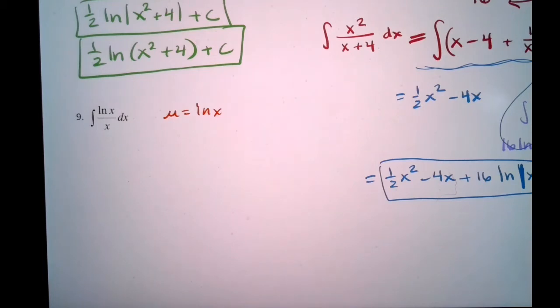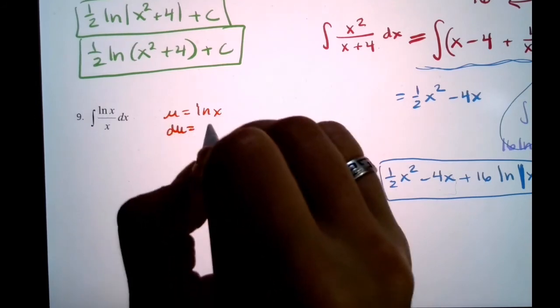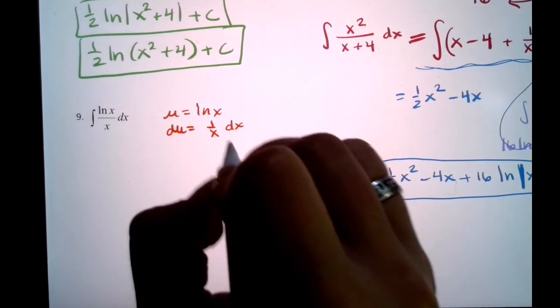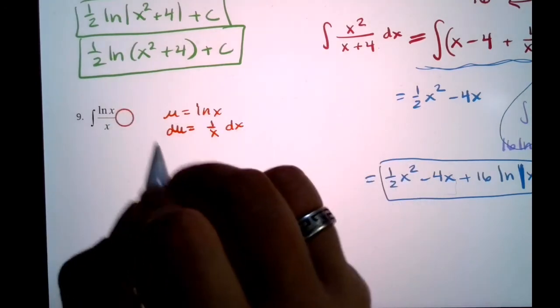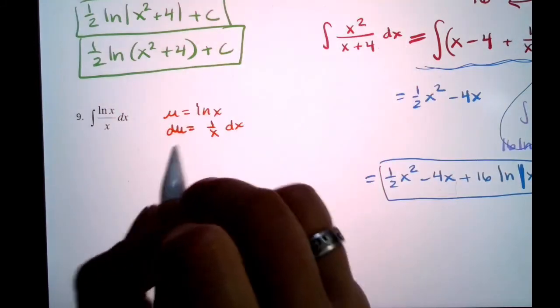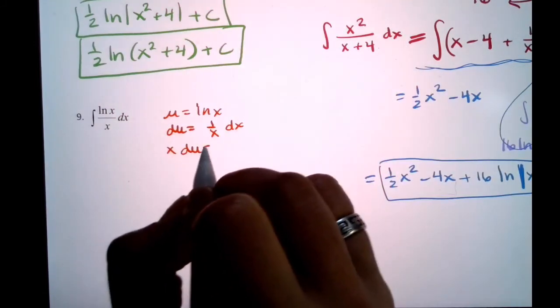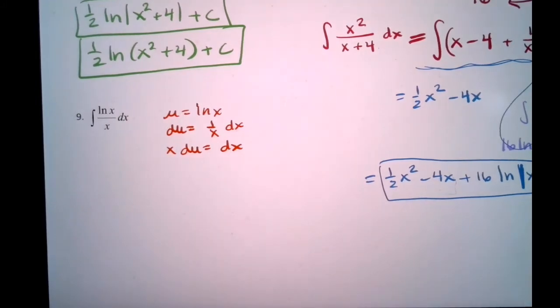I'm going to take the derivative of both sides, and I'm going to make this say dx, because I got to get rid of the dx too. So that would be, oops, let's undo that. Whatever happened there. I'm going to multiply the x through, and that will give me an equivalent statement for dx. So what am I doing? I'm changing my integral.